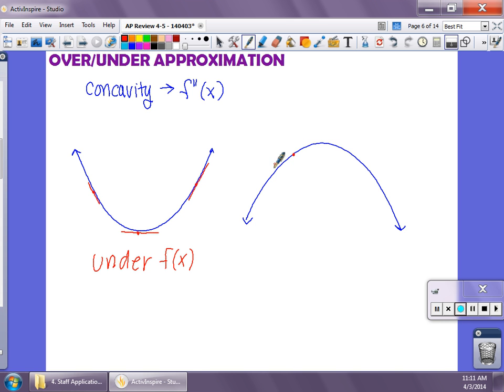Whereas over here, if I'm increasing or I'm decreasing or my slope is 0, doesn't matter, all of them, my tangent line is over f of x. Okay, so we do have to be able to figure out if the tangent line is going to be over or under. And then linear approximation, which I think I want to put on the next page.